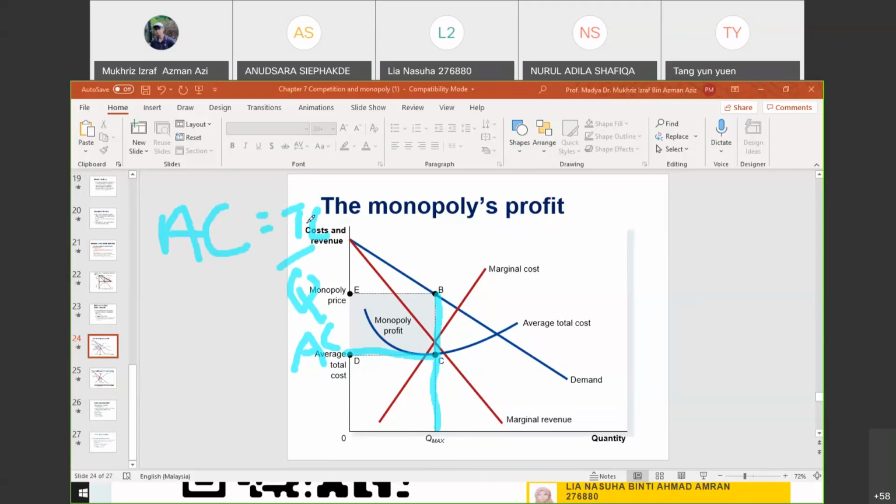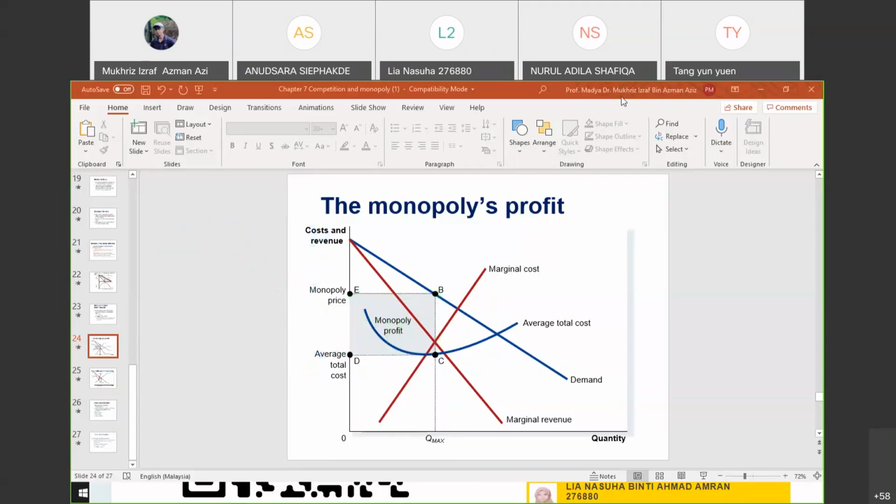So if you want to get total cost, you just cross multiply, meaning AC times Q gives you total cost. So TR minus TC will end up giving you the profit area, which is this green one. This is how you determine the profit area.